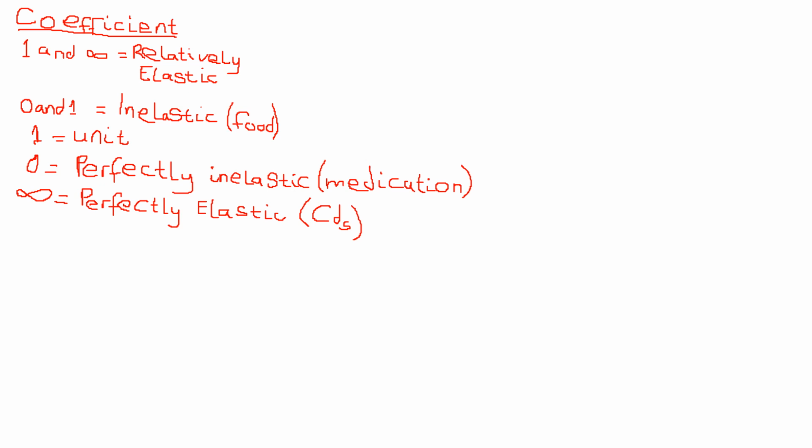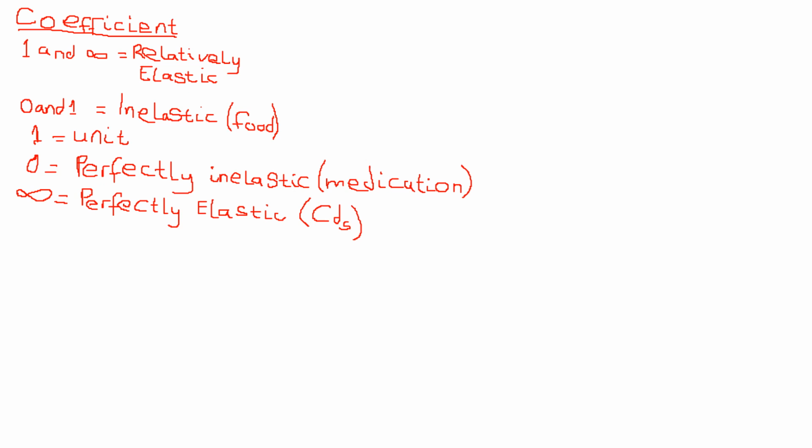And then if you calculate and you get your value as 1, then we say that product has unitary elasticity. In other words, the change in price is going to result in an equal change in the quantity of goods and services that are demanded.